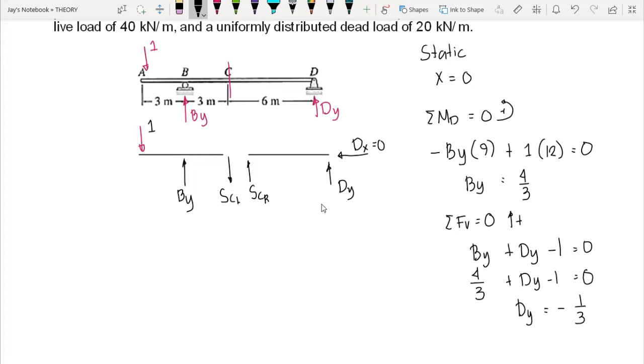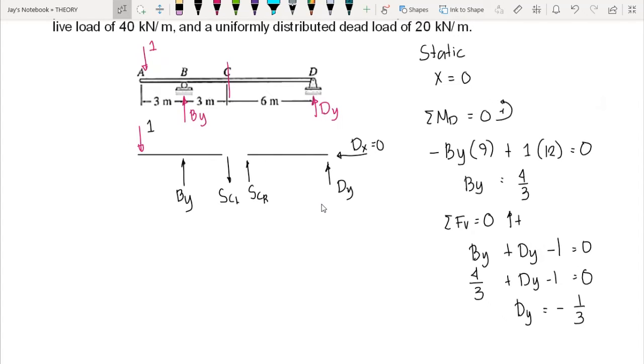Okay, since our goal here is to draw the influence line of shear at C, then we need to draw the SCL and SCR when our 1 unit load is at point A. By looking at the cut section, we know that By here is 4/3 and Dy is negative 1/3. So we can compute for SCL and SCR separately here.